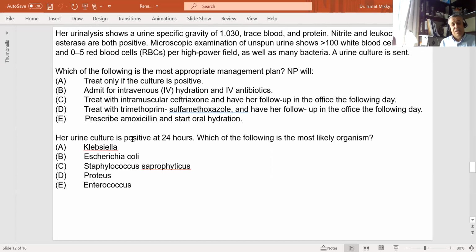Microscopic analysis of white blood cells over 10,000 is predictive of a UTI. And when the patient develops a UTI, red blood cells are often present as well.